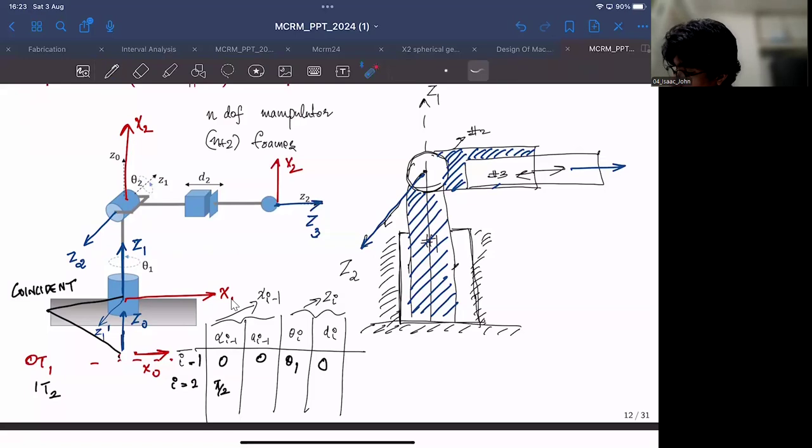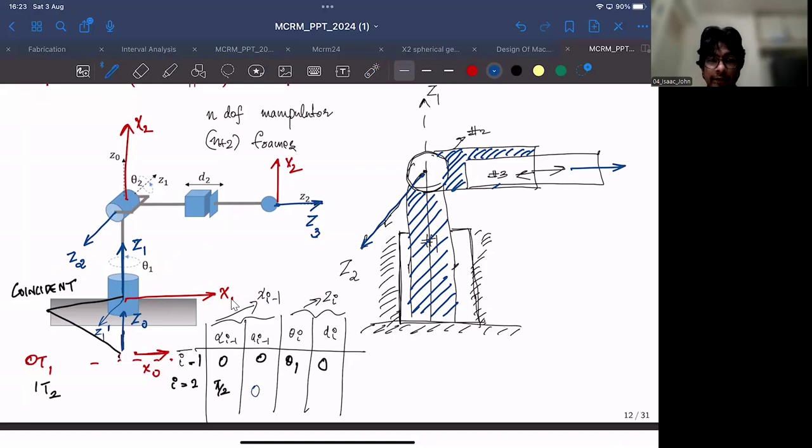Now a i-1 would be the translation along x1, right? We don't need to translate along x1 because they are lying in a vertical line, and the distance between frame 2 and frame 1 is 0 along x1. So that makes this 0.